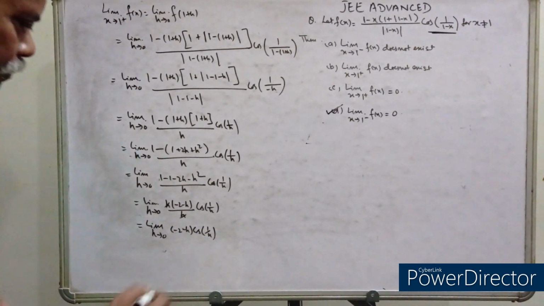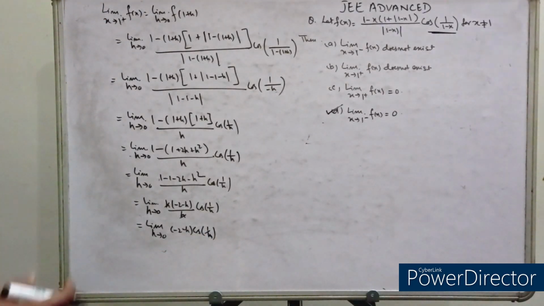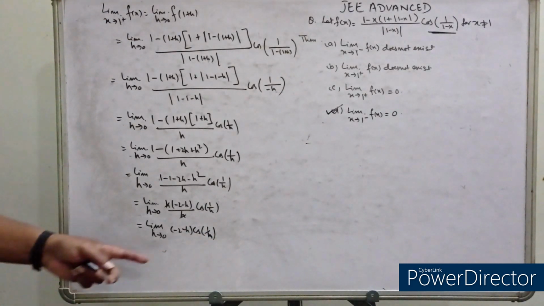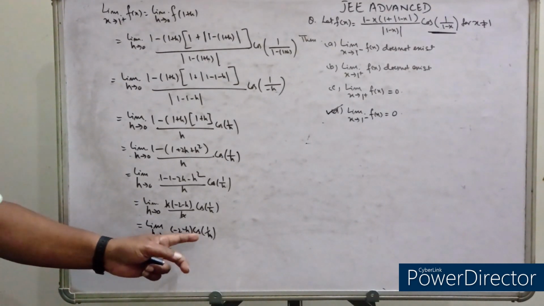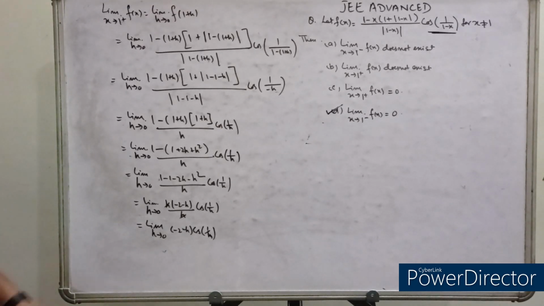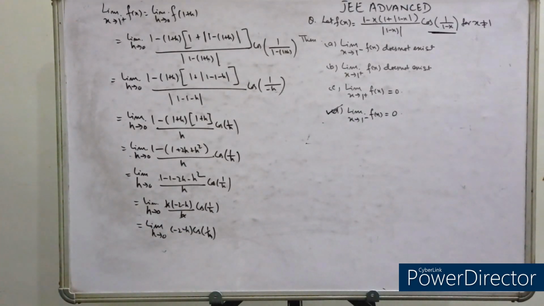So now the same condition comes here, that you can't give any decision. See, the main problem is this: if h is 0, your result will be minus 2 cos 1 by h, and about cos 1 by h you do not know anything, because as h tends to 0 it will be infinity.